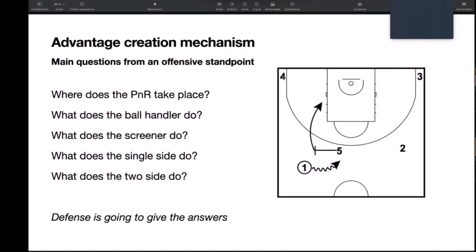So these are different decisions that we must take with this guy, because it's basically a spacing standpoint. If there's a short roll, we don't want to lift. We always want to make the recovery or the help as long as possible, and to put the defender in two-way motion, so that it is difficult for the defense.